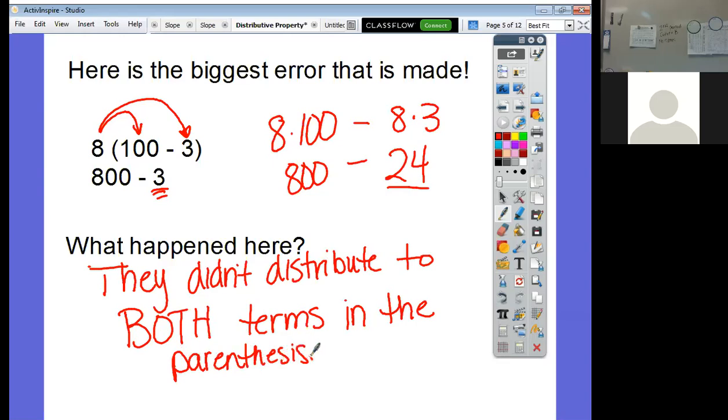Okay? All right? This is a term. This number right here is called a term. And that number right there is also a term. A term can be numbers, it can be variables, or it can be a number and a variable together. It's a term. So that's what they forgot to do.